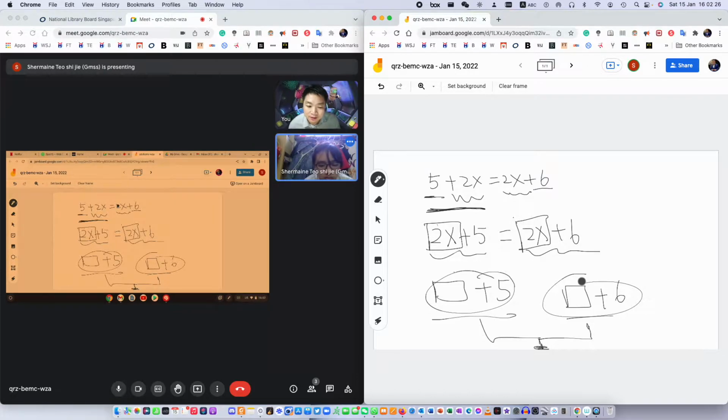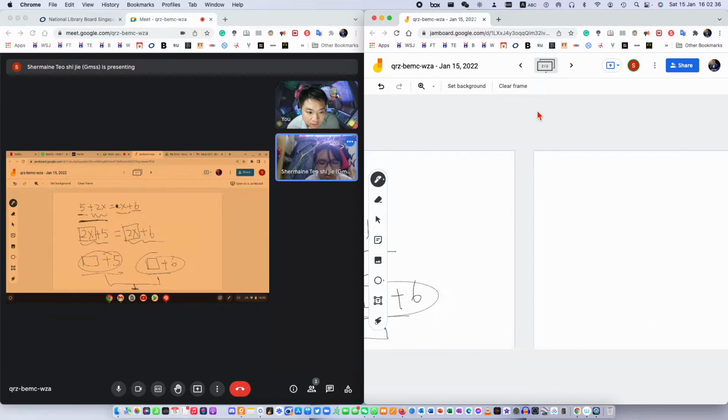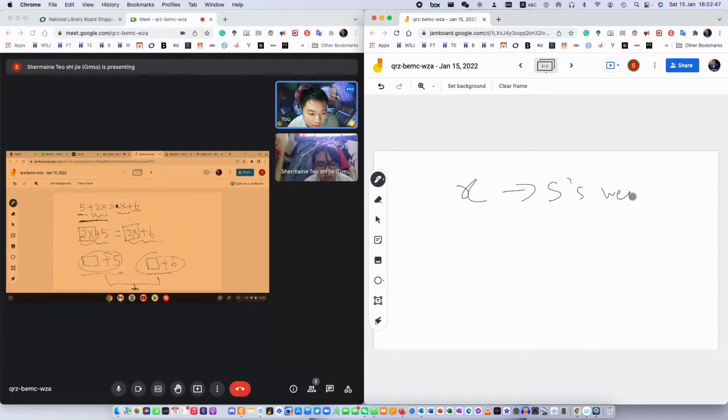Just imagine, what is your weight? I think 45 or something. Okay, 45. Never mind, I don't need to know your exact weight. So I use x as your weight. So this represents Charmaine's weight.